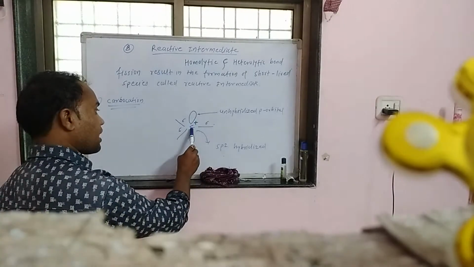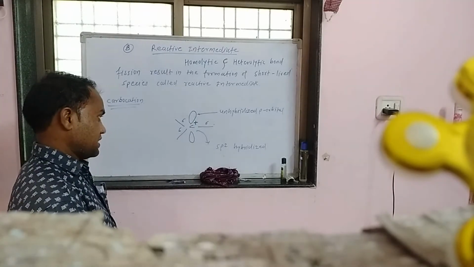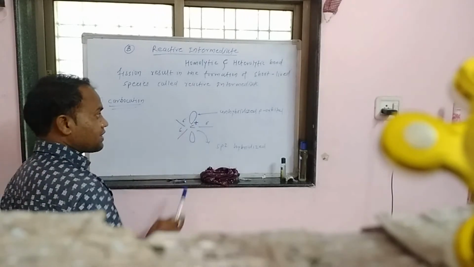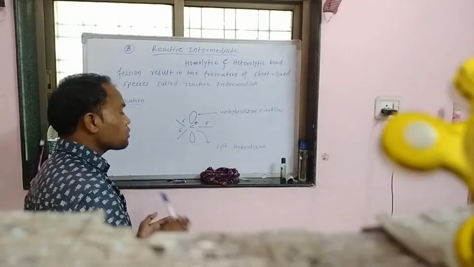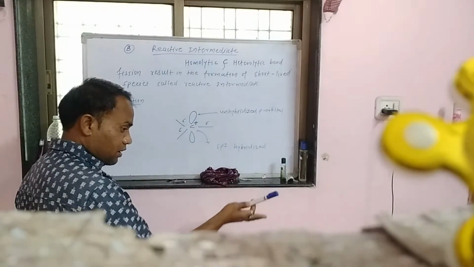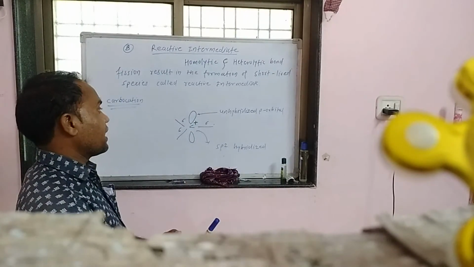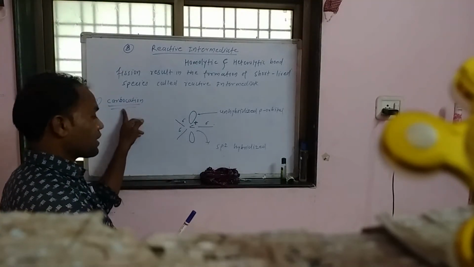Therefore, carbocations are planar ions. The vacant p orbital is used for overlapping with the electron pair orbital of a donor atom acting as a nucleophile.